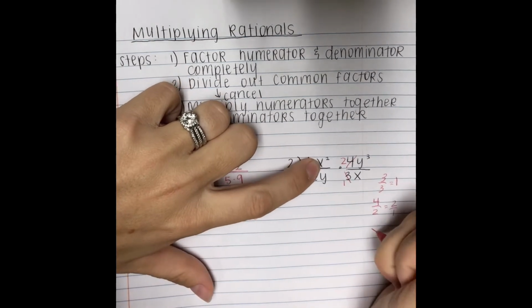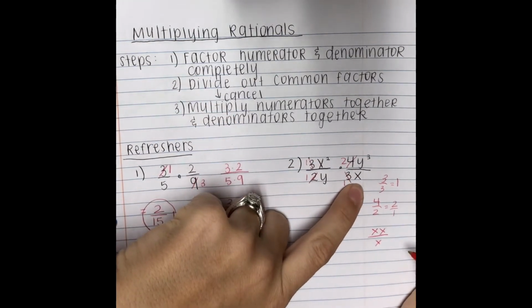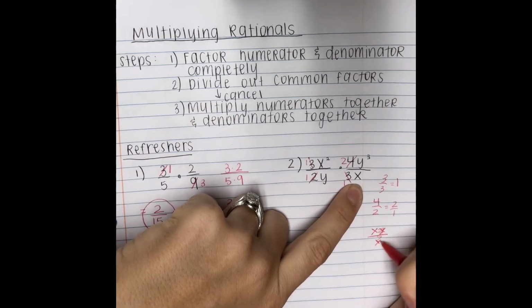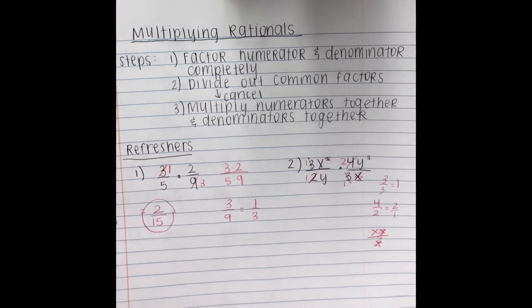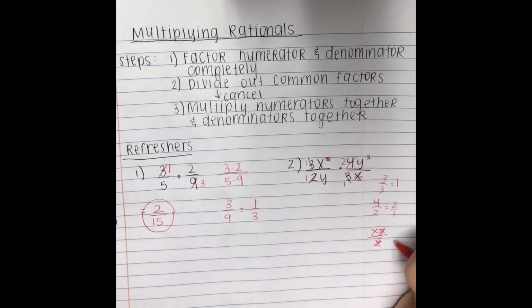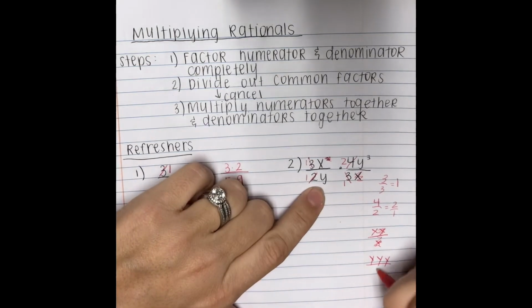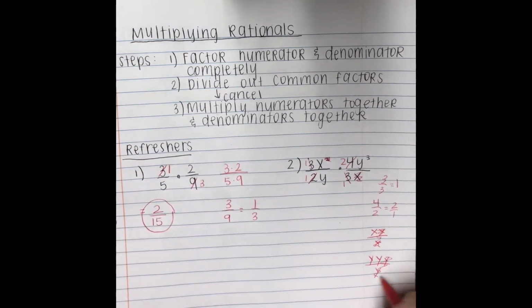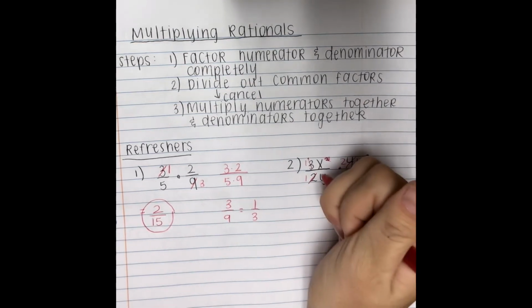If you have an x squared, that means you have 2 x's over 1x. 1 and 1 would cancel, leaving you just a 1x up top. I'm just scribbling out the exponent. And then the y's, we have 3 y's up top and 1 on the bottom, leaving me just 2 y's up top. So I'm going to replace the x cubed with x squared, cancel out that y.